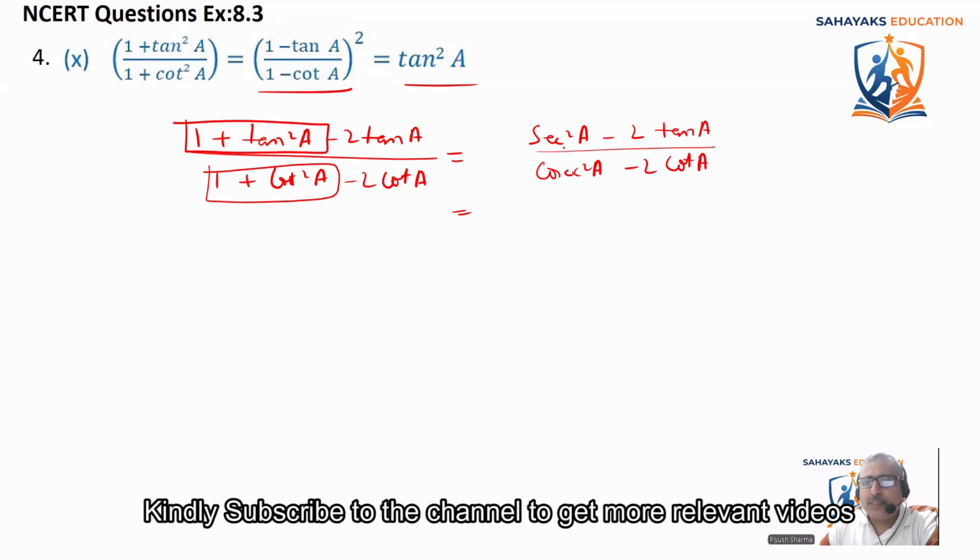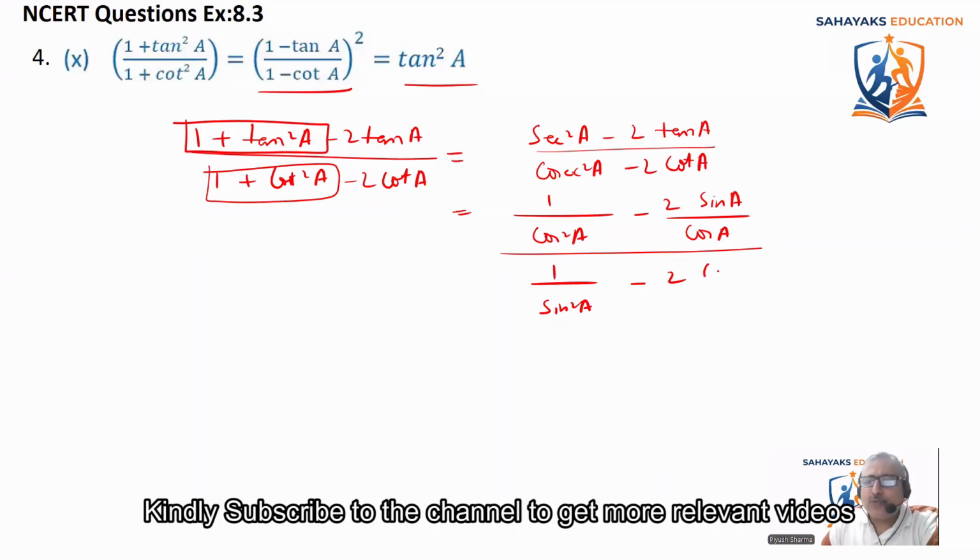So it becomes 1 divided by cos square A minus 2 sine A by cos A, divided by 1 divided by sine square A minus 2 cos A by sine A.